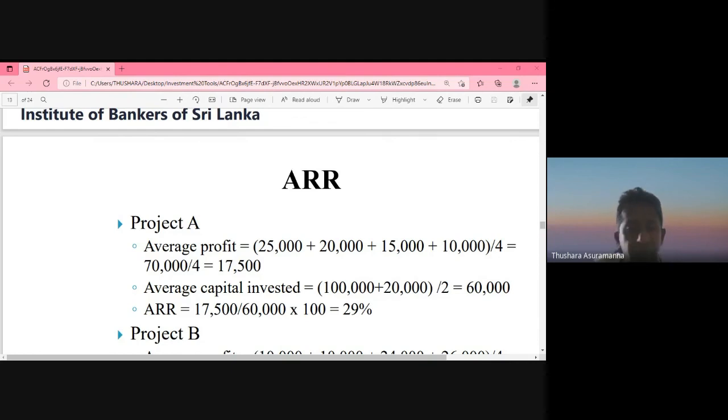We discussed two, payback period and ARR, with some illustrated examples, and next week we'll continue with ARR and two important tools, NPV and IRR.